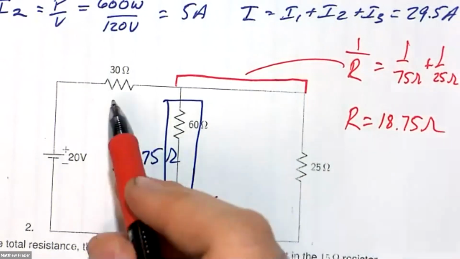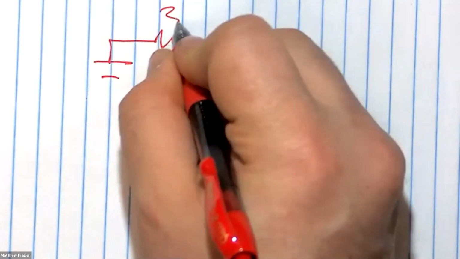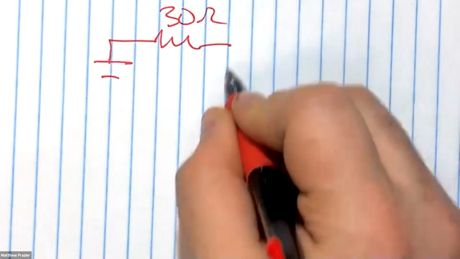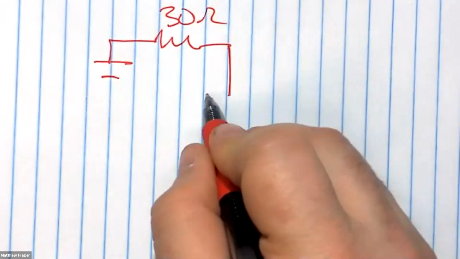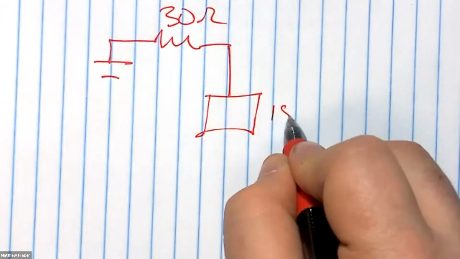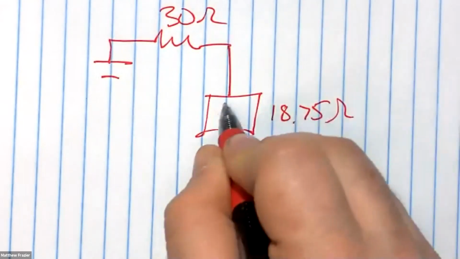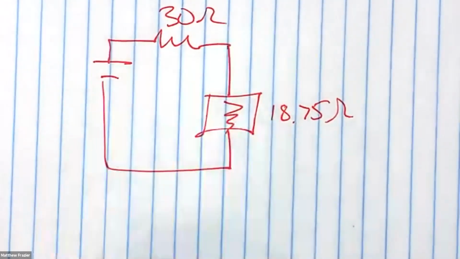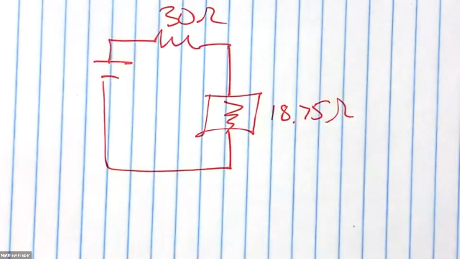Now what we've got is a reasonably simple circuit. You have 30 ohms and this equivalent bit. Just add those.